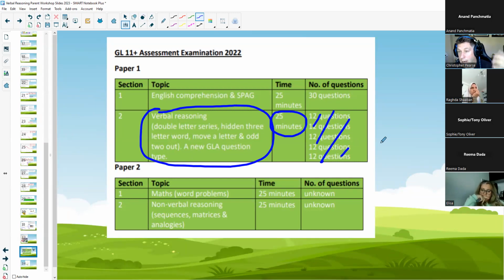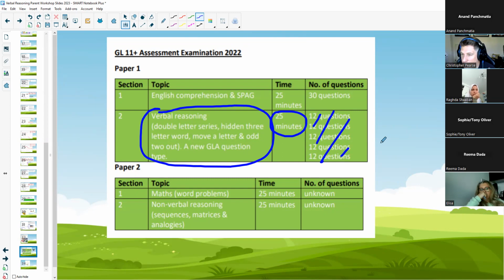Unlike when perhaps you and I were at school, when you're given a certain amount of time to do an exam, say an hour long, and you can go wherever you like, with this the time is more restrained. The requirement is to get as many questions done in that time as you possibly can. Of course, we want children to complete it, to get through all of those questions in the time allowed.